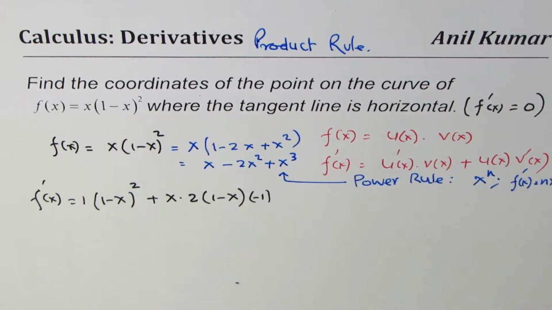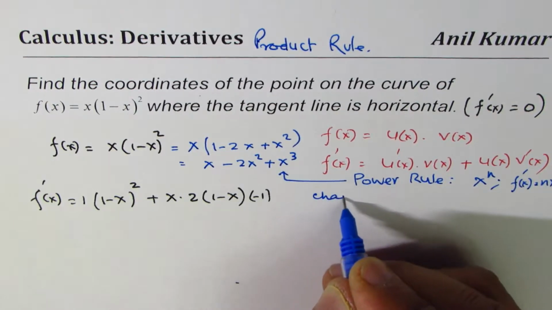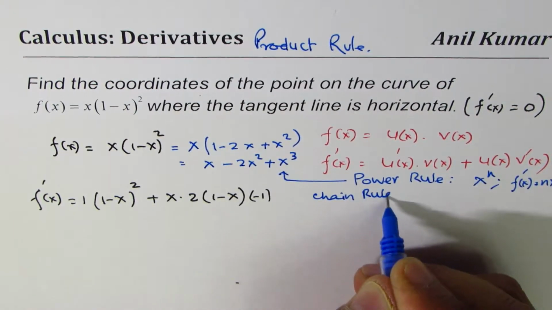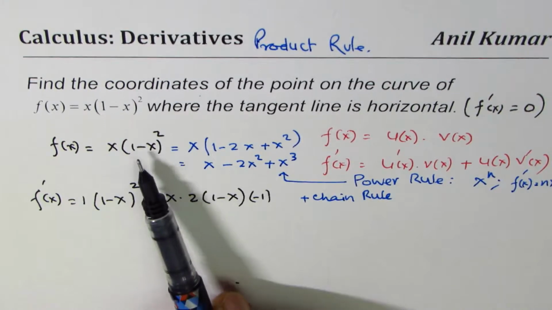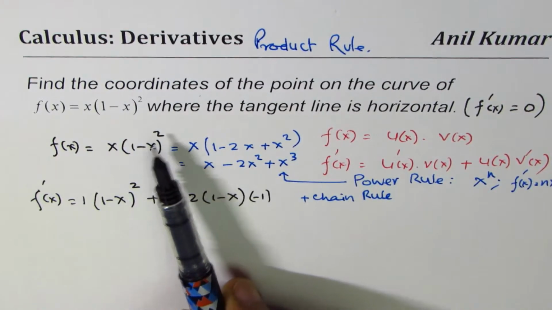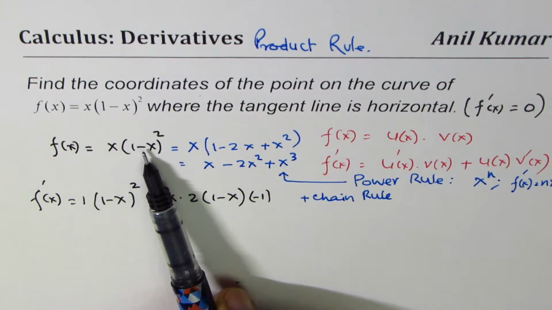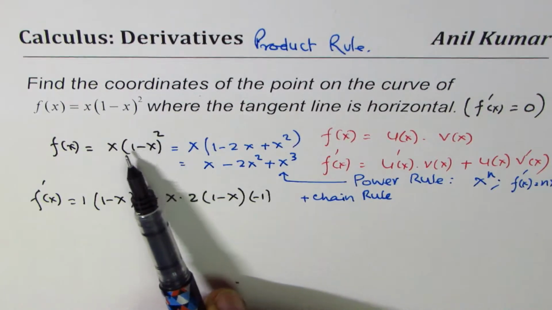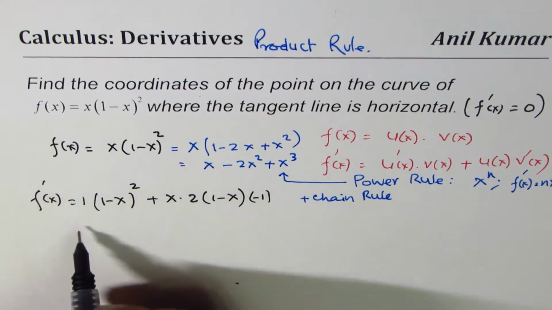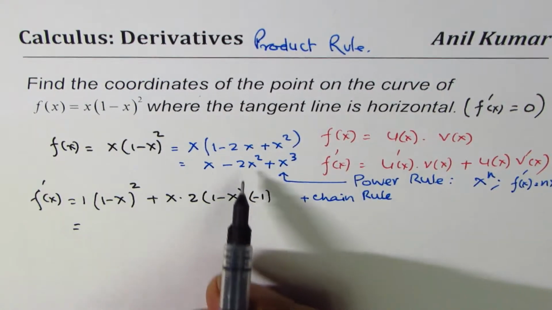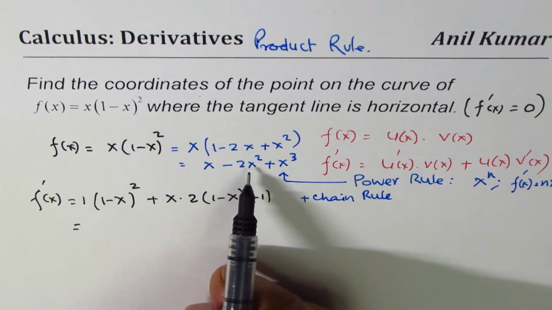So here we have applied chain rule also. Do you see that? So that minus 1 is the derivative of minus x. So 2 times this function times the derivative of the inside function, which is minus 1. That creates a problem sometimes. Okay, so the preferred approach, of course, becomes the first one, right?